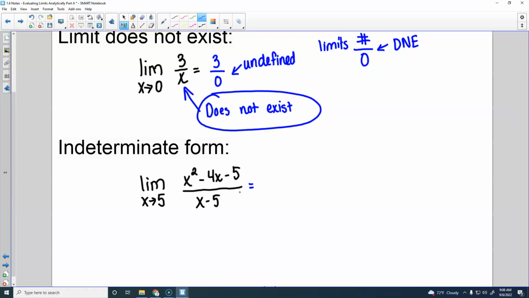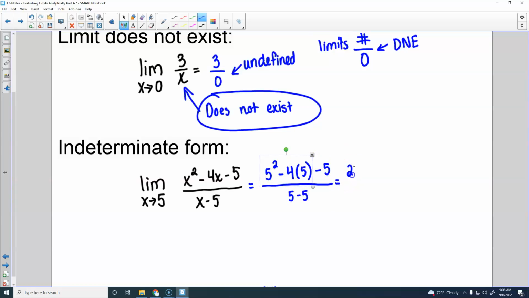When we learn about L'Hopital's rule later, I'm going to tell you can't do this, because on a technicality, it technically does not equal 0 over 0. So I would have 5 squared minus 4 times 5 minus 5 over 5 minus 5.